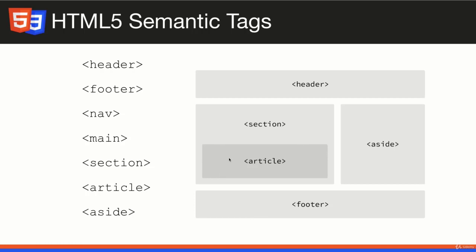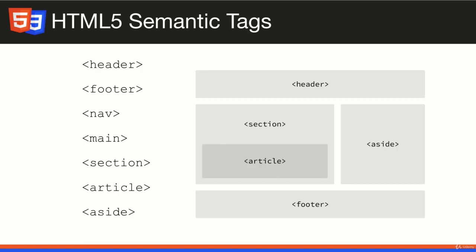Those could be wrapped in article tags, okay, instead of divs. And then aside is just that. It's sidebar content, or just content that is not the main focus of the page. It could be maybe an ad, or it could be like a category section for the main blog section, something like that. Okay, so these are the HTML5 semantic tags.